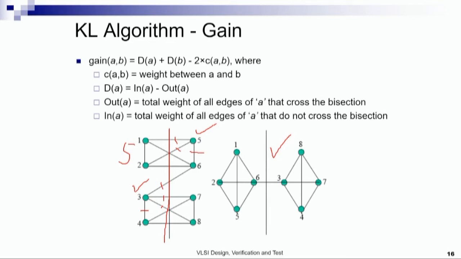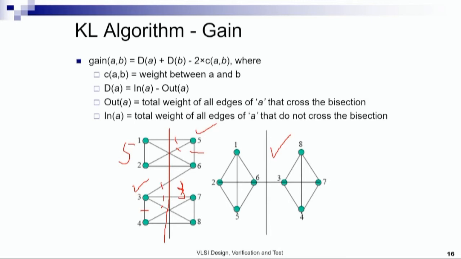When 3 comes to this side, its changed in edge will be 3 and its out edge will be 1, so in edge minus out edge will be plus 2. So the total gain will be 1 plus 2, which is equal to 3. If we consider another vertex pair, say 6 and 3, before it is exchanged, 3 had an in edge minus out edge dA value of minus 2.